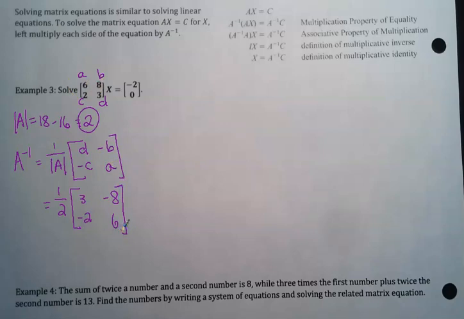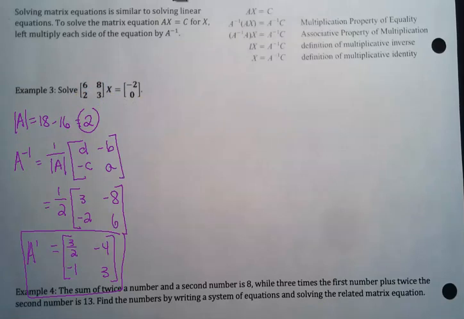Let's simplify and get our inverse matrix. 1/2 times 3 is 3/2. 1/2 times negative 8 is negative 4. 1/2 times negative 2 is negative 1. And 1/2 times 6 is 3. So this is our inverse matrix that we need. Now that we have our inverse matrix, we can solve the equation.